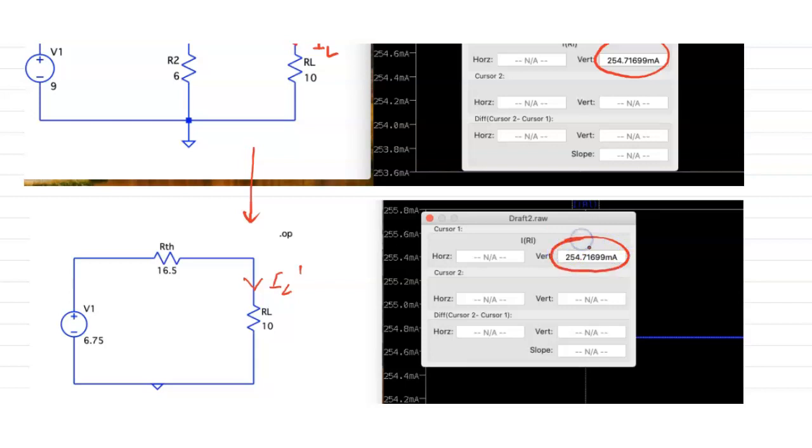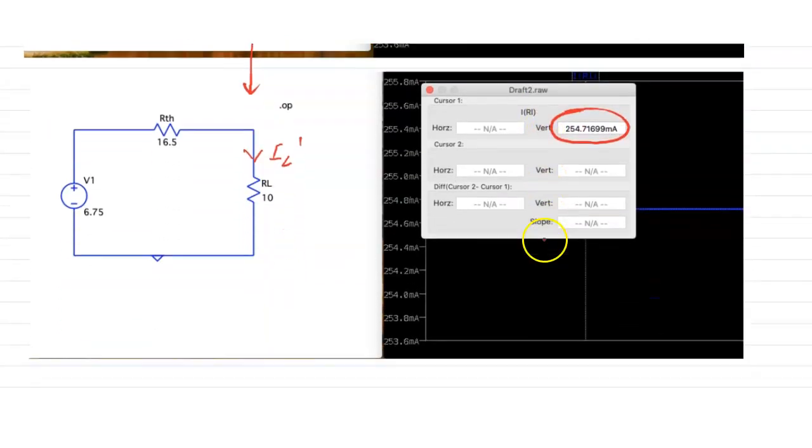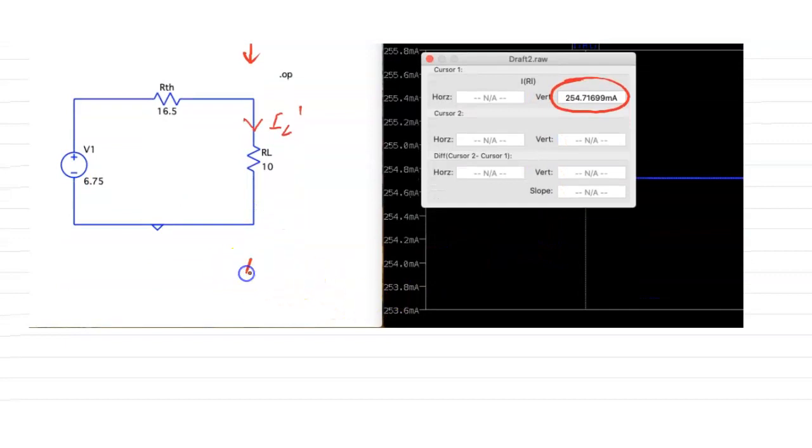That means both currents are the same. So hence IL dash and IL are the same. So hence Thevenin theorem is verified. Thank you.